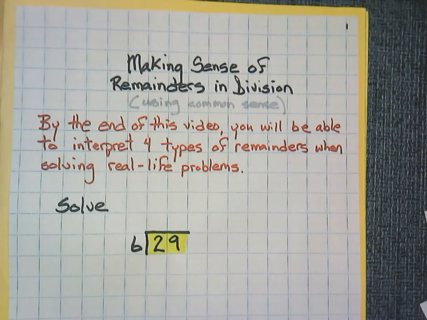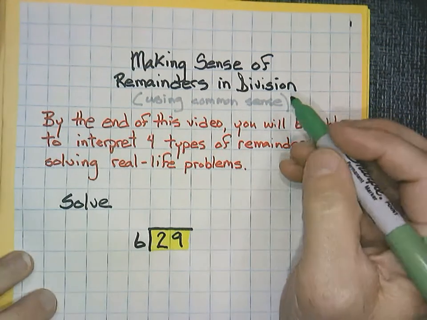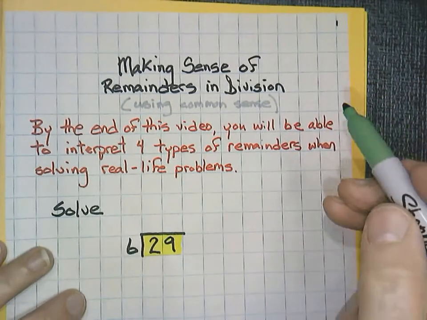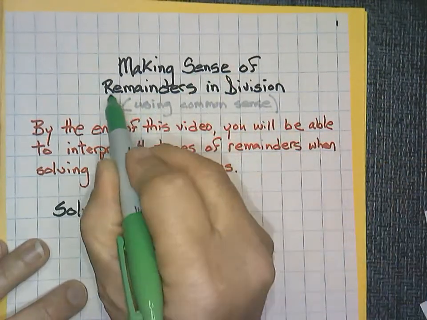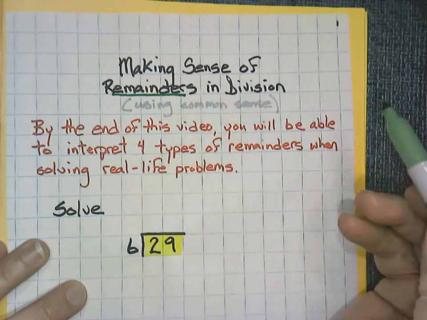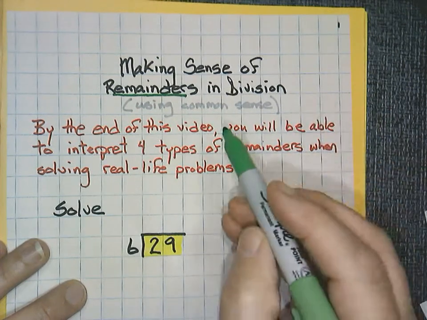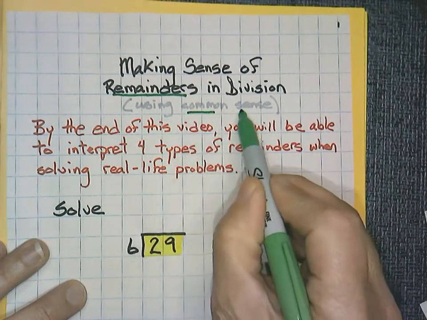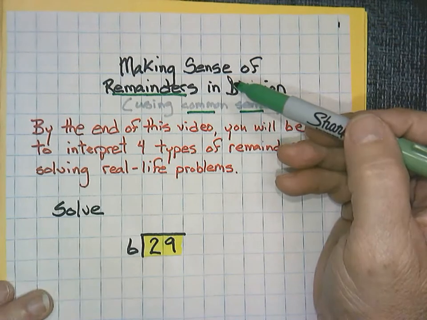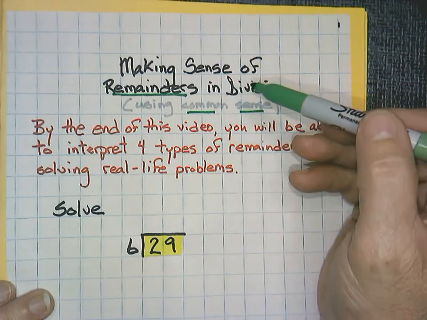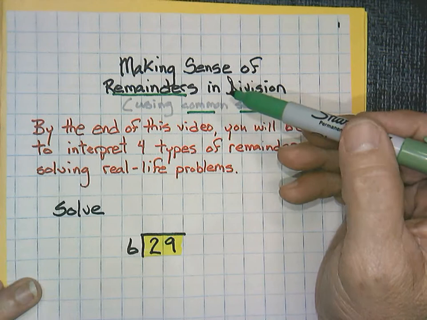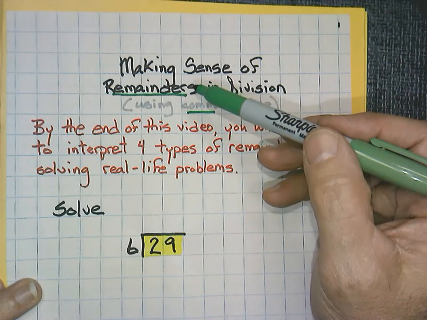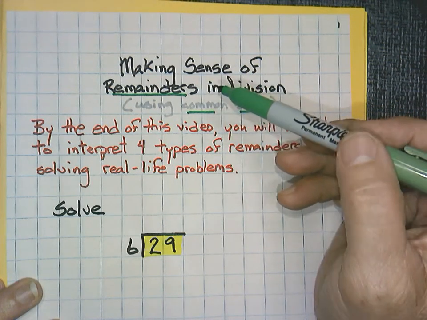Our lesson topic today is called Making Sense of Remainders in Division. I like to call it Using Common Sense. We've already had lessons on long division strategies, work with remainders, 2 and 3 digit.